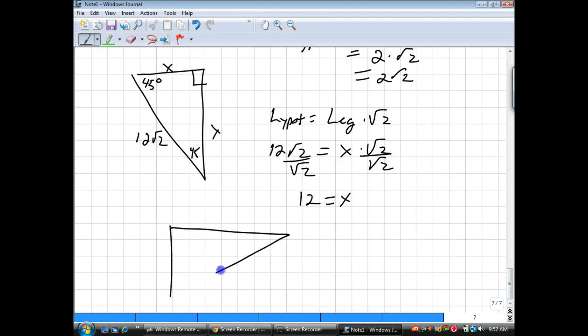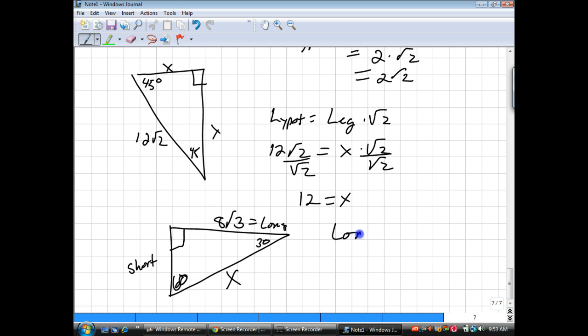If I give you this triangle, and I want to find x, well, if this is 60, then this one has to be 30. So this has to be the short, and this has to be the long.